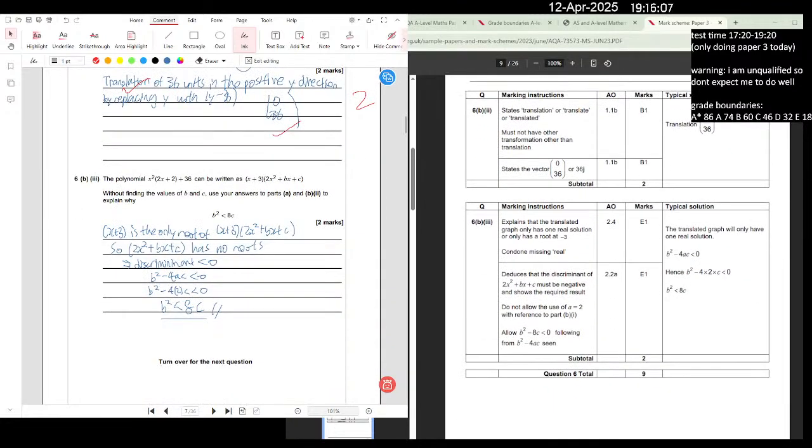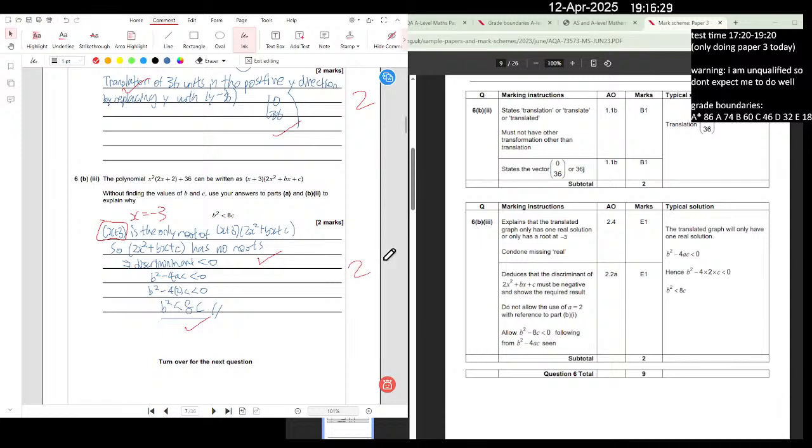Okay, explain that the translated graph only has one real solution, or only has a root at -3. So x plus 3 is the only root. Oops, I meant x equals -3. Can we just BOD that? I think we can BOD that.